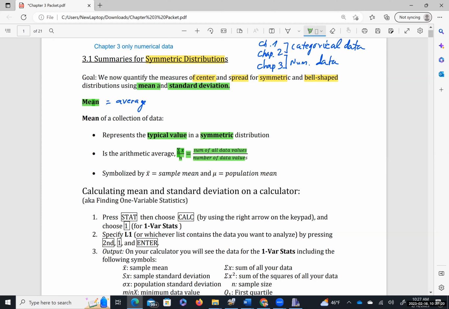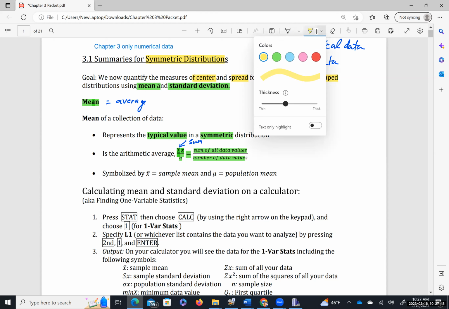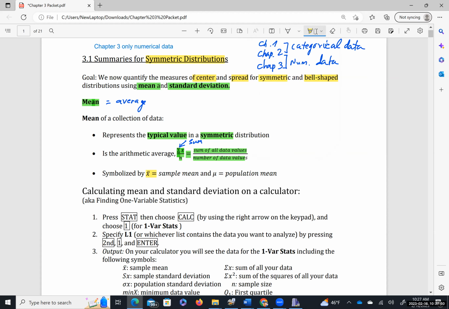And the notation that we are using: we call it the sum of all the data, the sum. And the n there is the number of data values. We also want to have the symbol X bar there. It's going to be the sample mean.